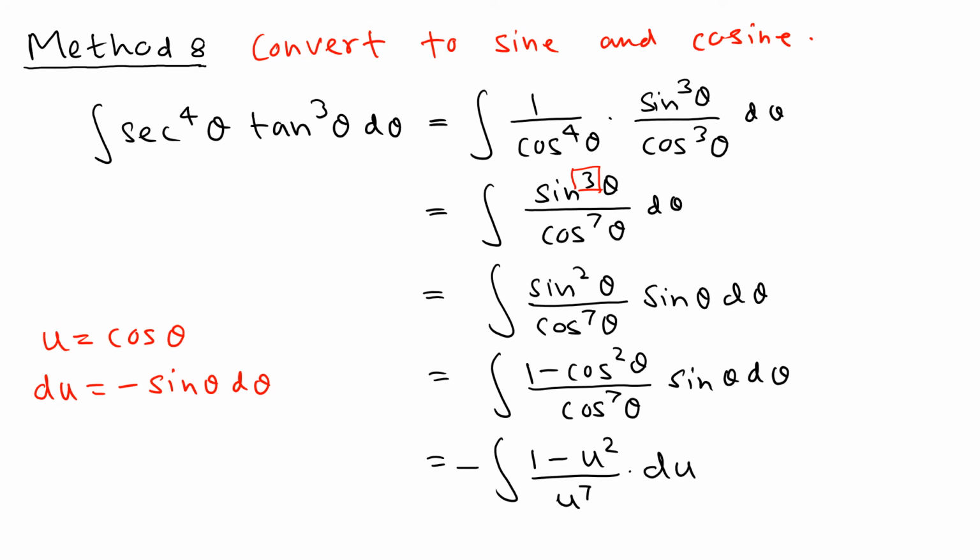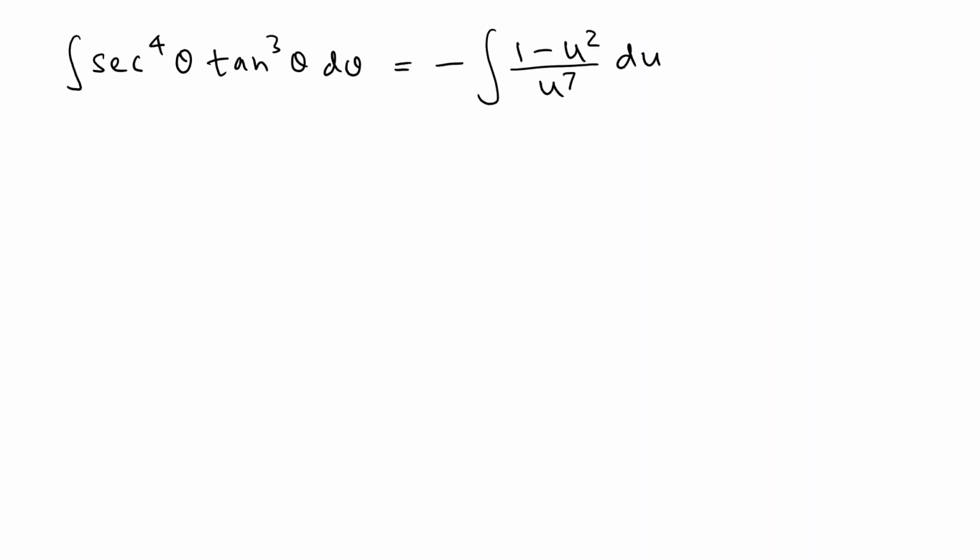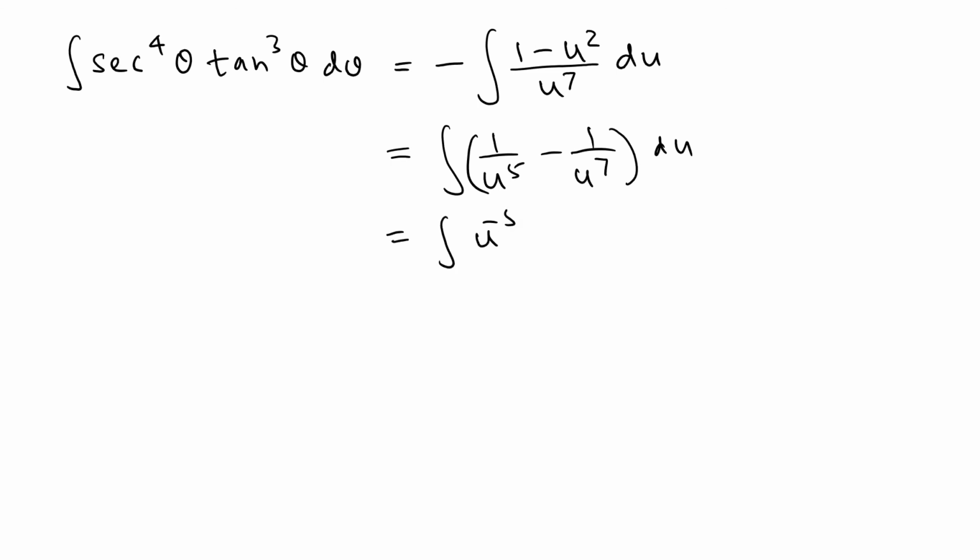So you can see that this is a very simple integral, and let's see how to finish the rest. We multiply by the negative sign and divide by u^7, and then you can write this as 1 over u to the 5th power minus 1 over u to the 7th power du. So you can rewrite this as u to the negative 5 minus u to the negative 7.